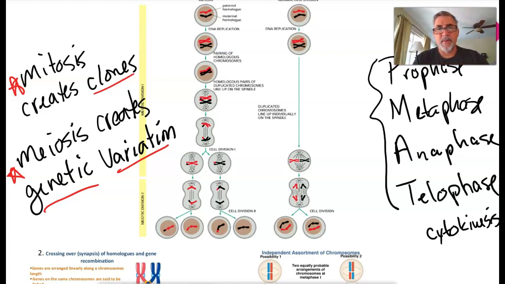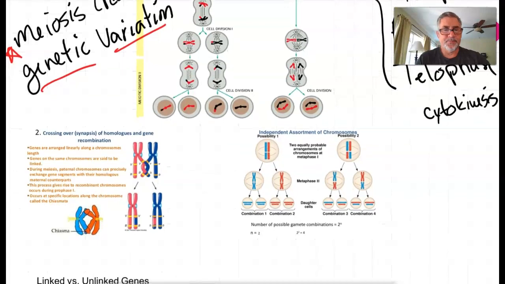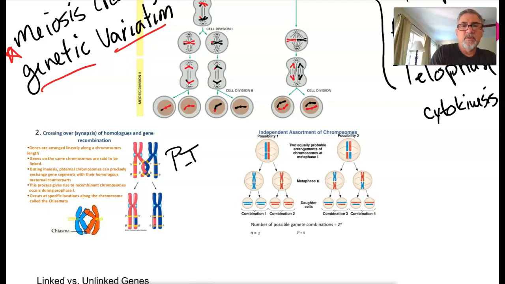Okay, so important things to remember on how it happens, right? In prophase 1, I get crossing over, right? So at prophase 1, I get crossing over.